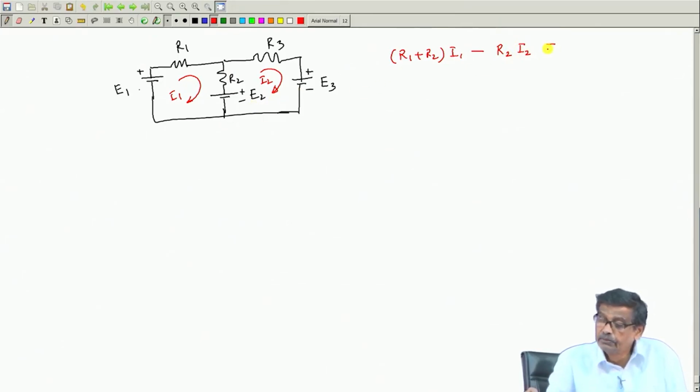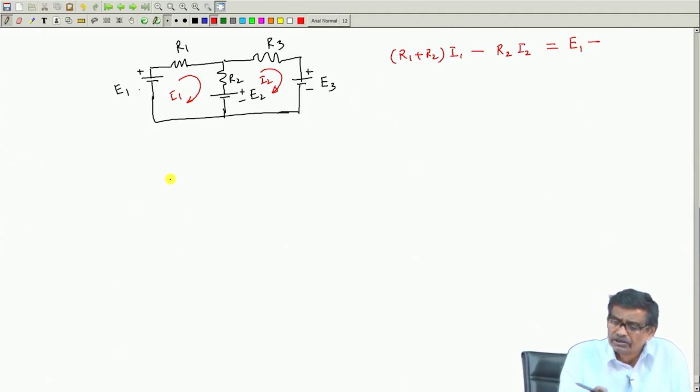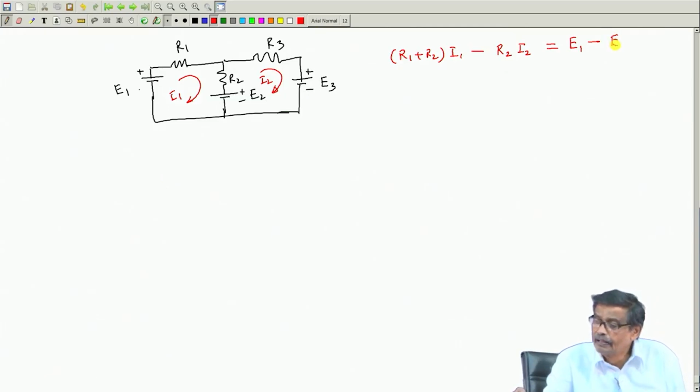That is equal to the sources on the right hand side. The direction of I1 is this way, so it will be plus E1, and the polarity of E2 opposes I1, so minus E2.